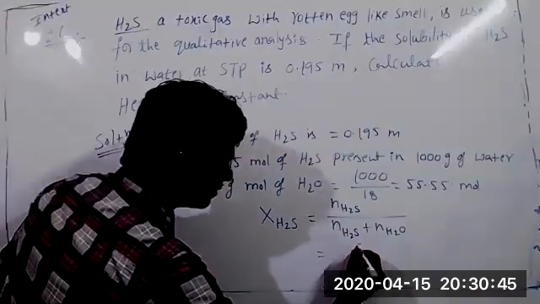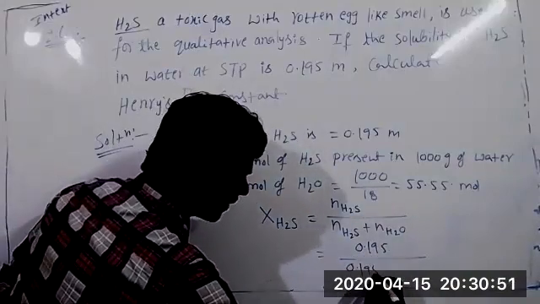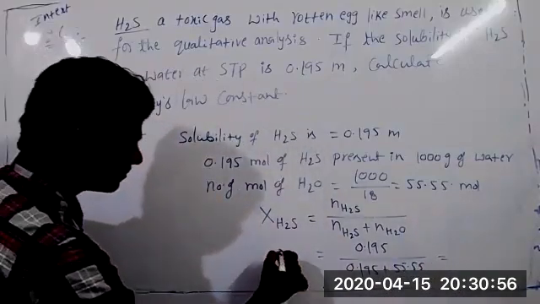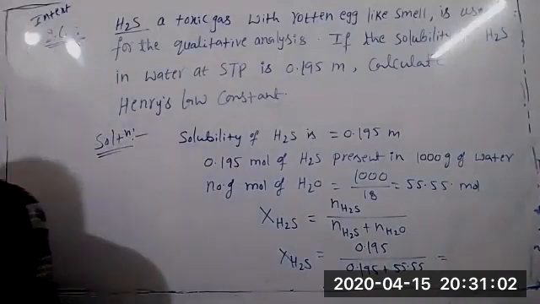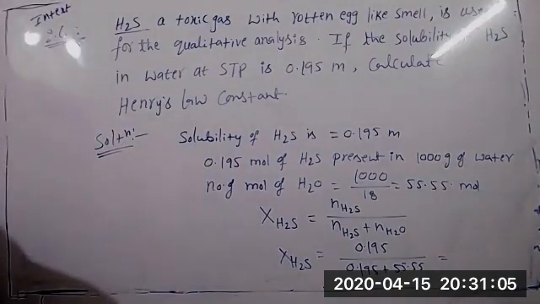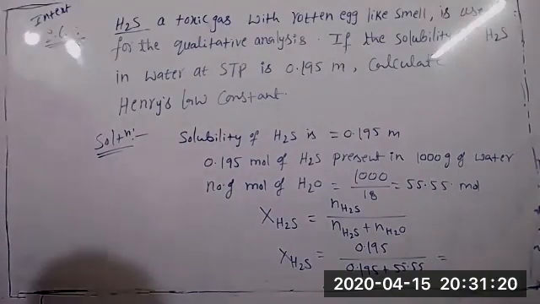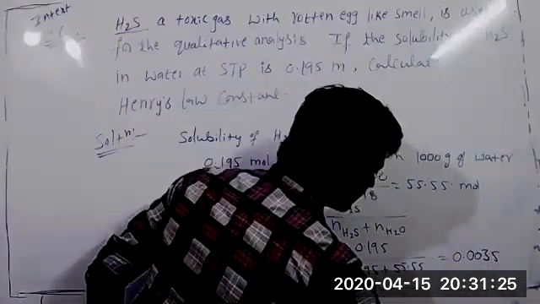That is 0.195 divided by 0.195 plus 55.55. Total value is 0.0035.